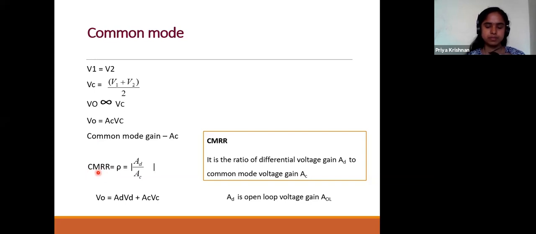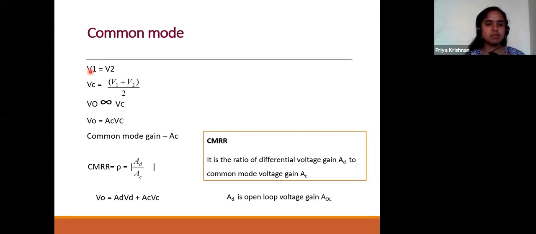CM is common mode. CMRR is common mode rejection ratio. It is a differential amplifier, so I'm going to amplify only the difference and not the same signal. So I'm going to reject all the common signals. Which is the common signal?